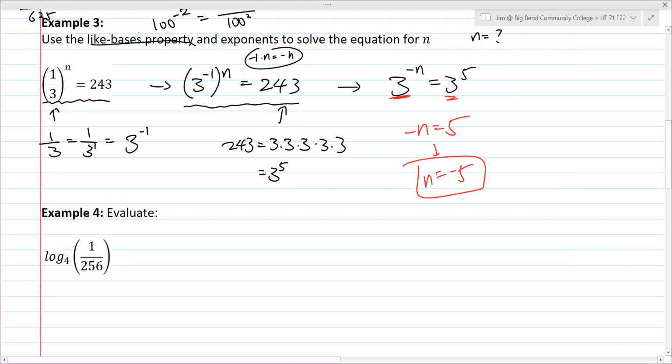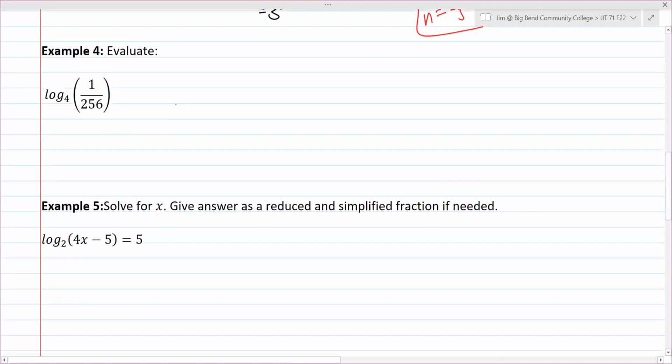Now let's go over the log example. So now you have something that looks a bit scary. All right, let's think about how to handle it. You have log base 4 of 1/256 equals x.